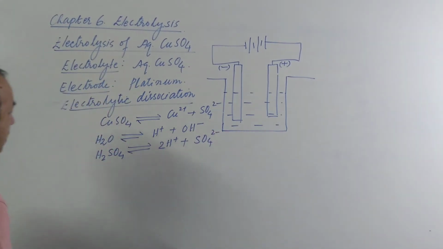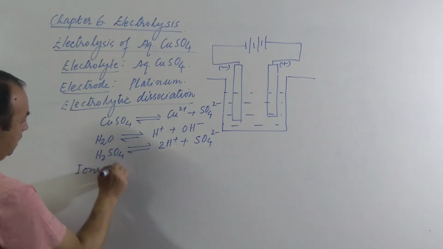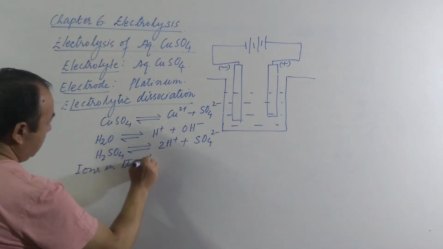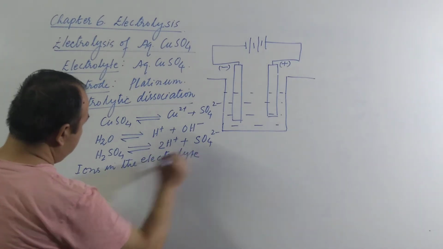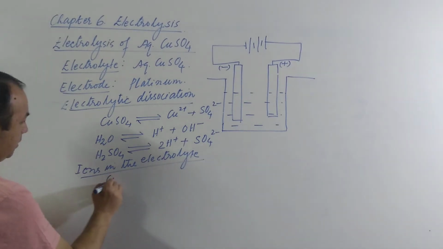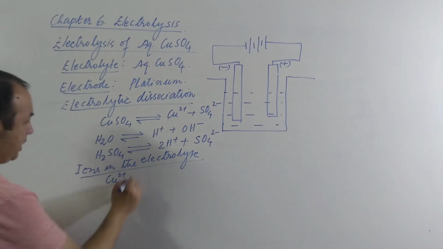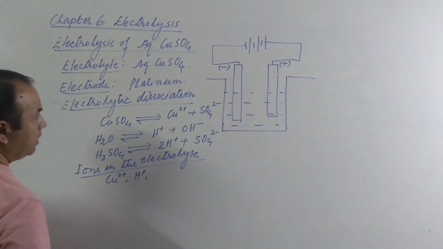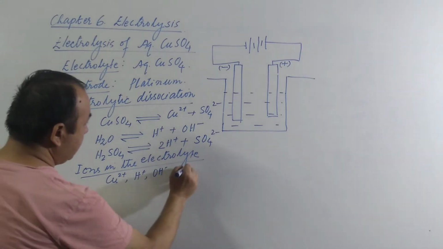So in this way we note down the ions present in the electrolyte. Sometimes you may be asked how many different types of ions are present in the electrolyte. First let me write the cations: Cu2+, and hydrogen ion. Then the anions are hydroxyl ion and sulfate ion.